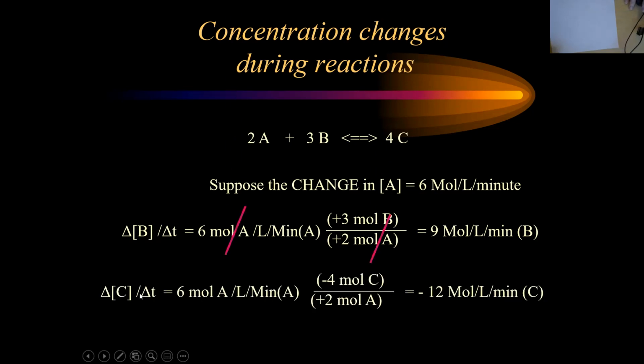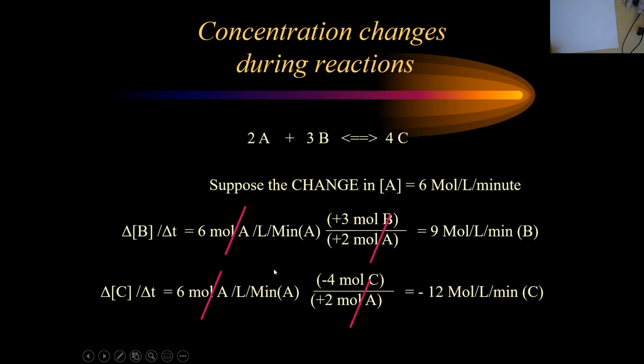Now, if I wanted the concentration of C, I can still calculate that from the concentration of A that we were given, 6 moles per liter per minute. And as A has a coefficient of 2, and for C, there's a coefficient of 4. But if A is positive, this one has to be negative. So I put a -4 in there because we had the +2 down here.